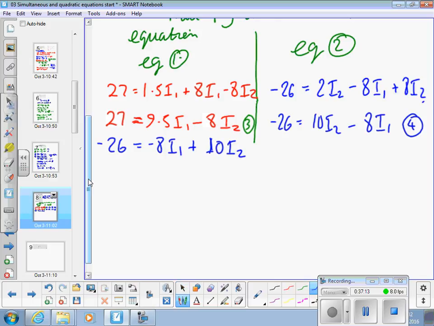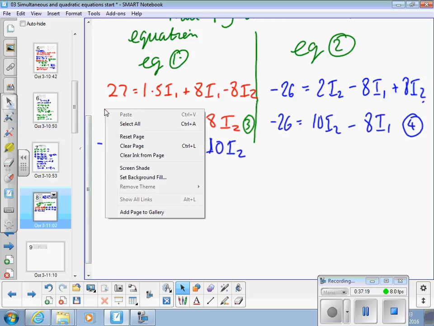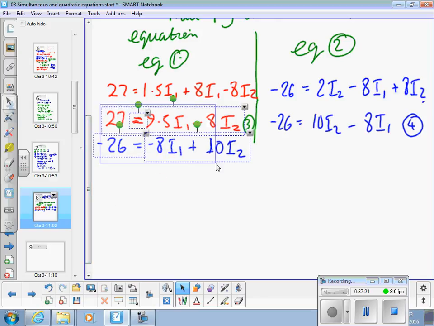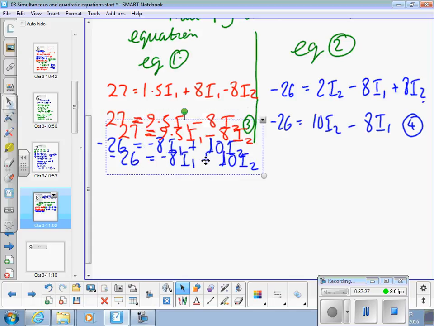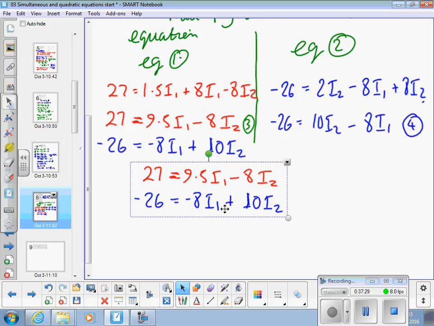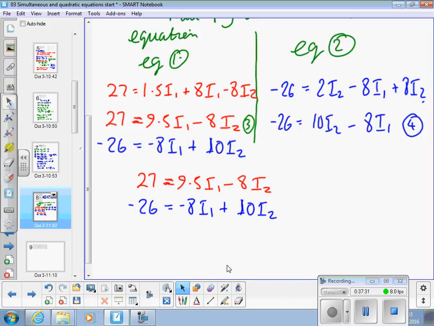So let's just draw these out here. There are the two equations I've got. Ignore that sign for a minute, ignore the minus 8.